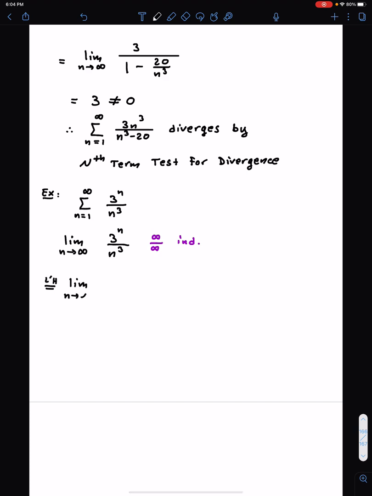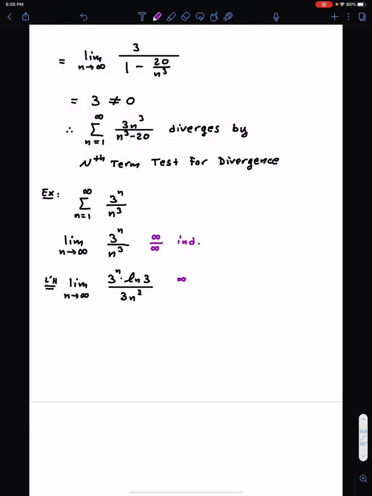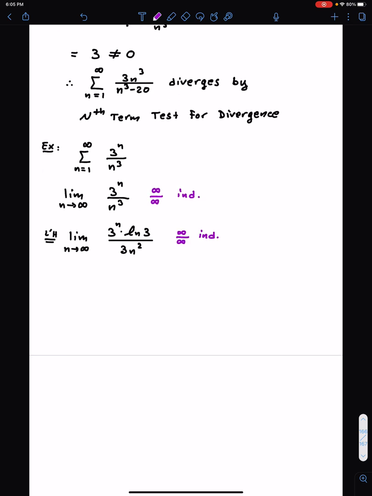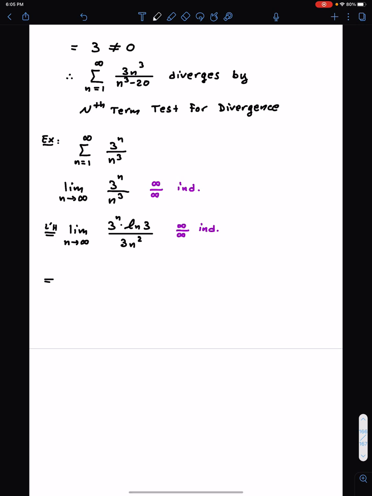Limit as n approaches infinity. Derivative of the numerator is 3 to the n times natural log of 3 divided by 3n squared. This limit is still infinity over infinity, which is indeterminate. So I'm going to use L'Hopital's rule again.